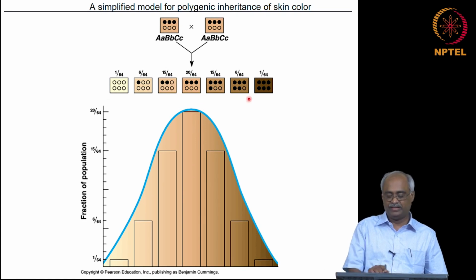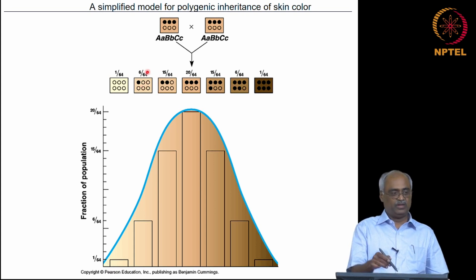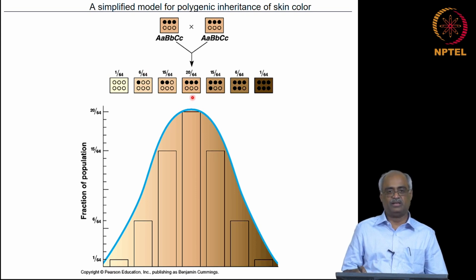Then you will get these many combinations of genotypes. One in 64 will be completely recessive, and the other extreme again is one in 64 completely dominant, and in between there are these many combinations. So, what is the contribution of a given allele of a gene in combination with an allele of another gene, and so on? You get variations in the color.